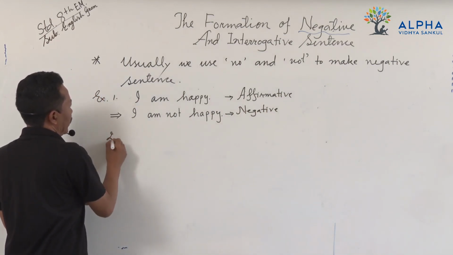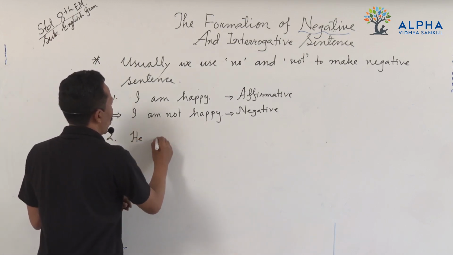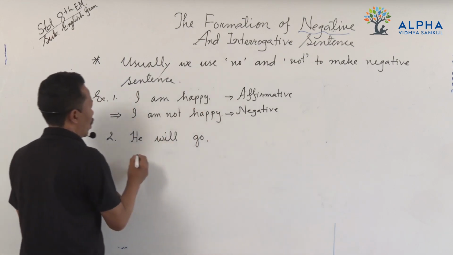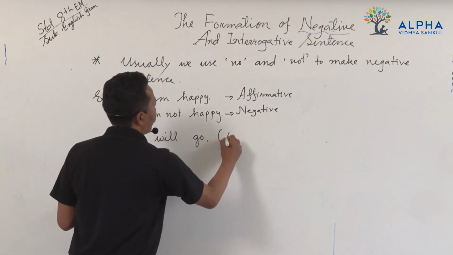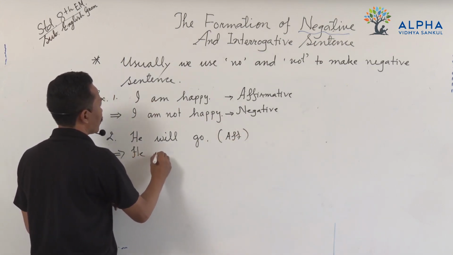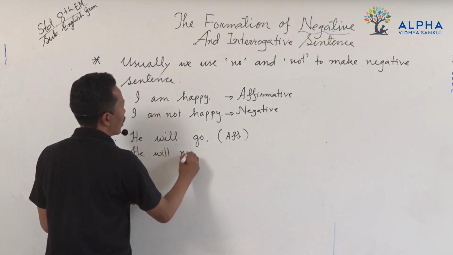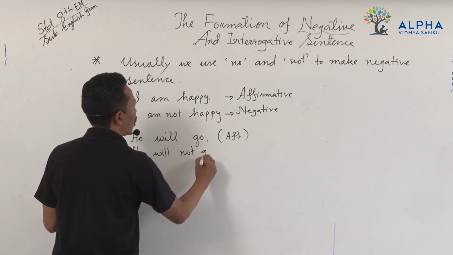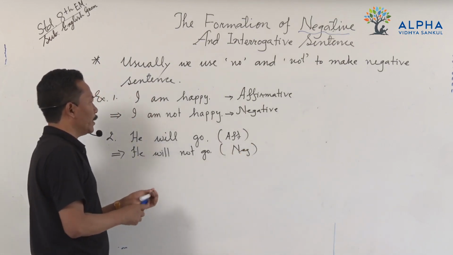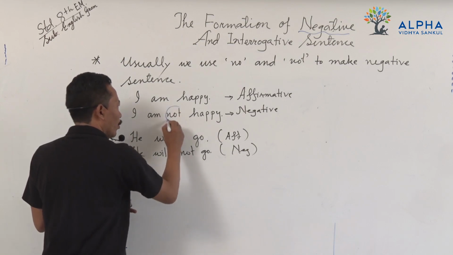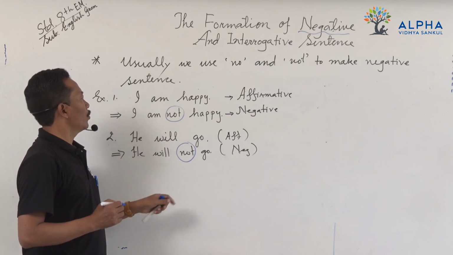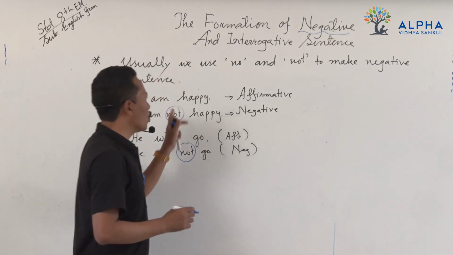And the next is he will go. Then this is affirmative. And negative: he will not go. Here it becomes negative. Here we have to understand that we apply not just after the auxiliary verbs.